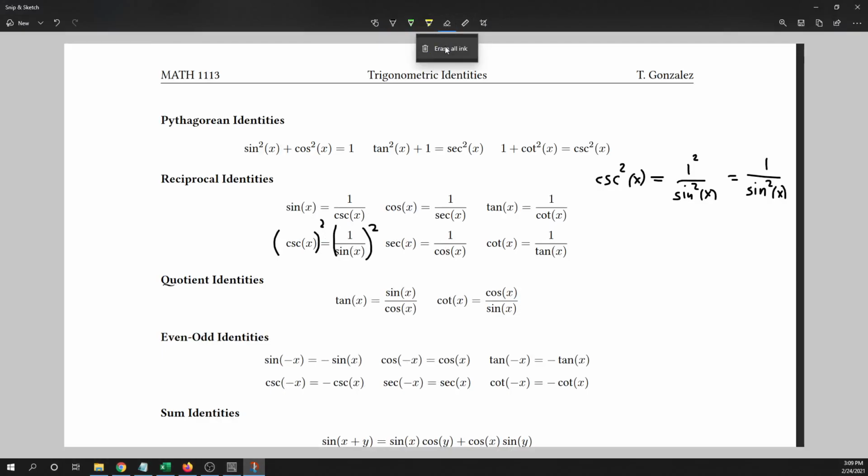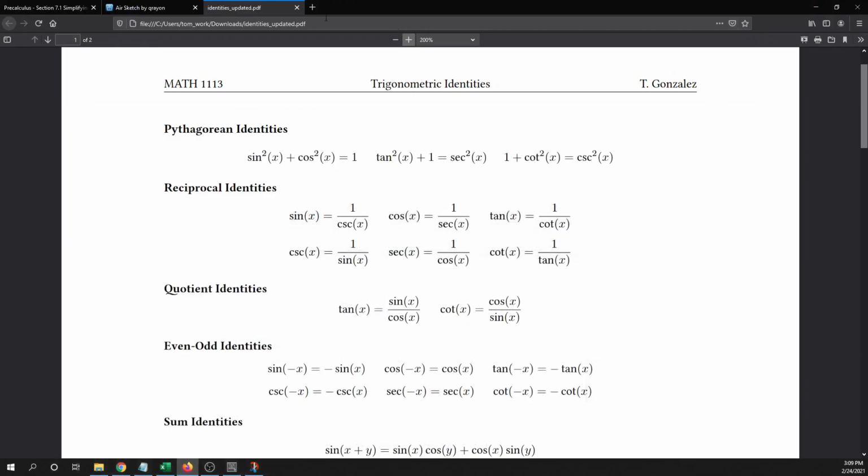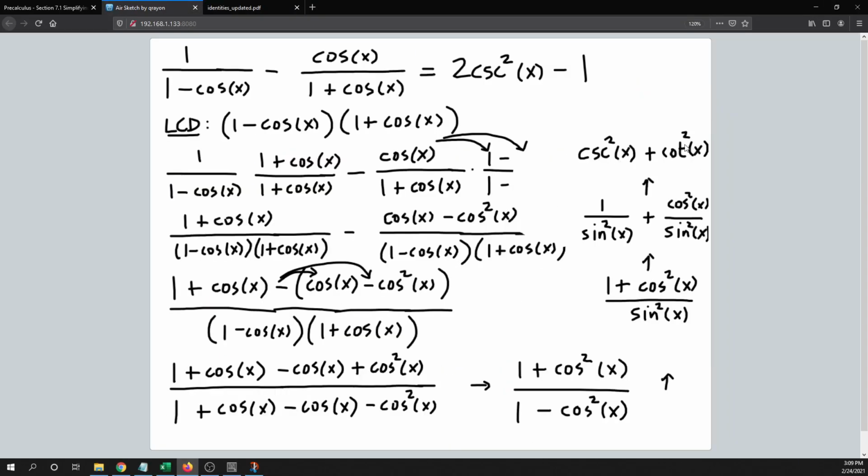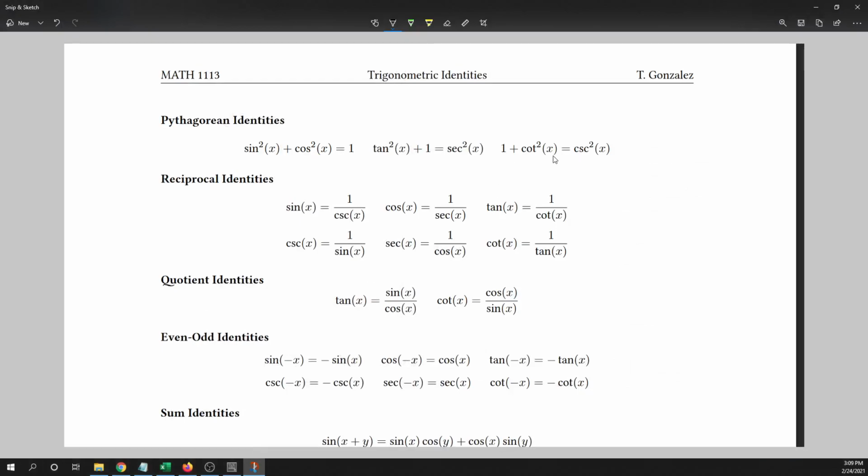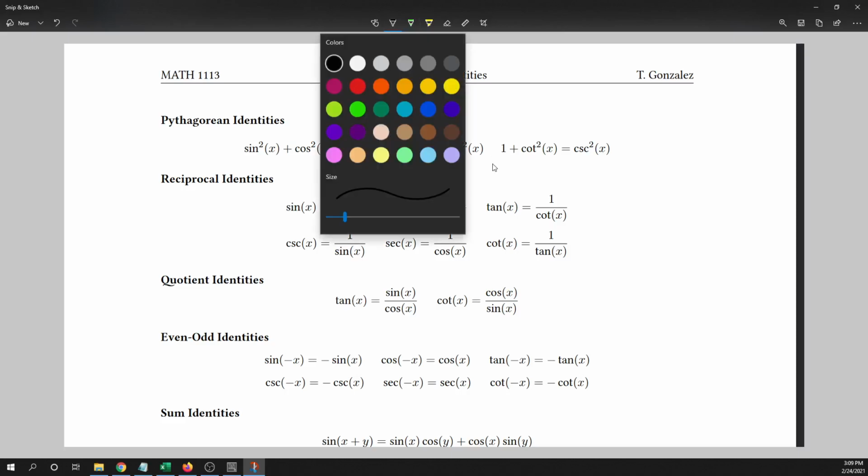We will need to rearrange that, because what we have is just cotangent squared by itself, and in the identity, the cotangent squared is with that 1. So what we would do is just subtract 1 from both sides.